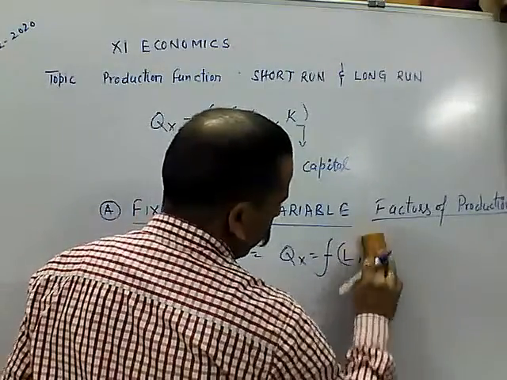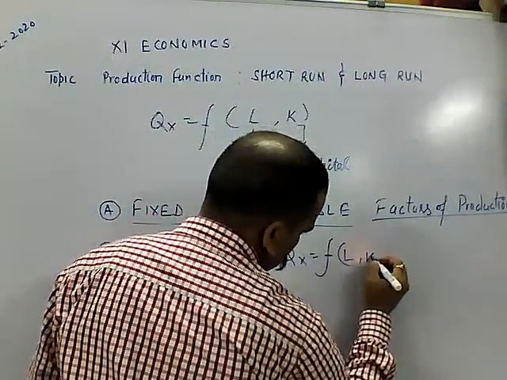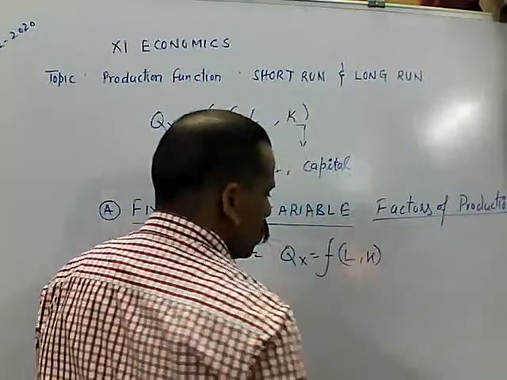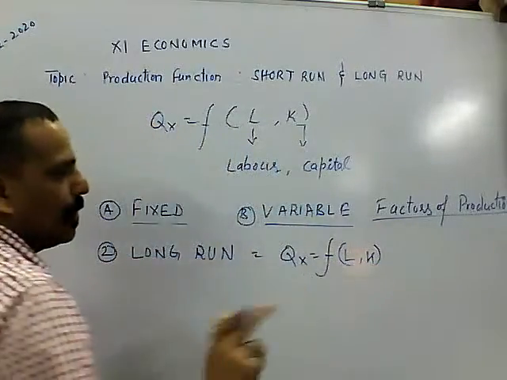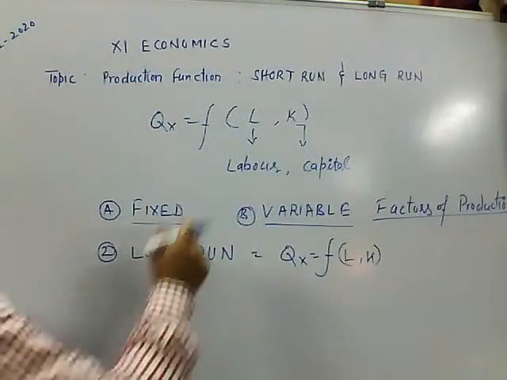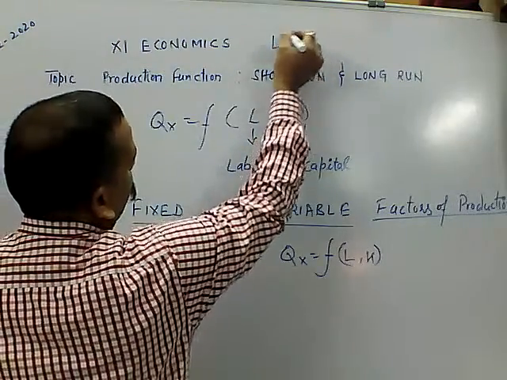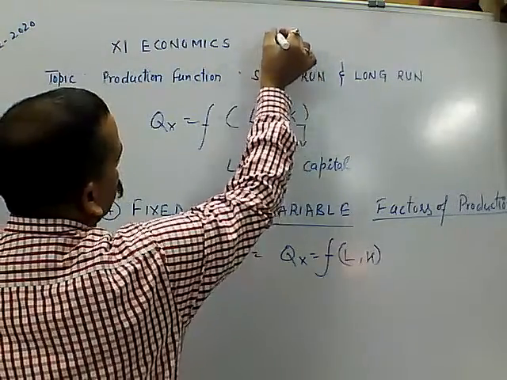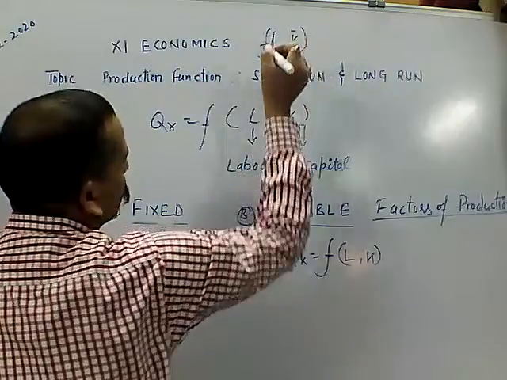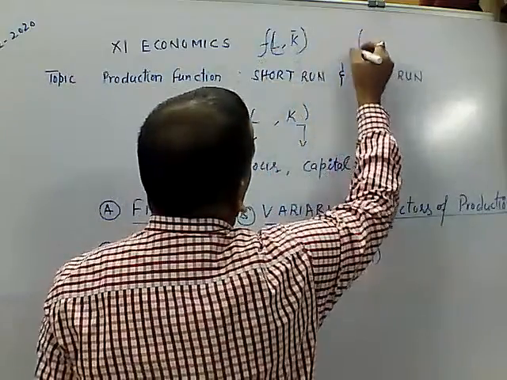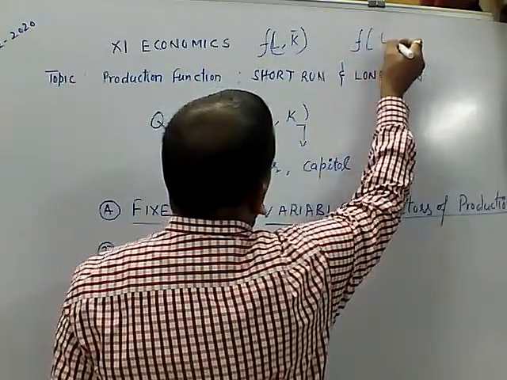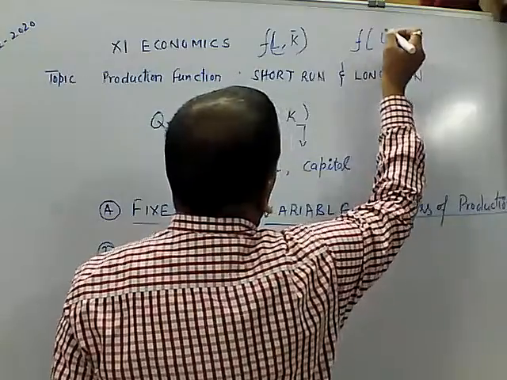Both of them are variable, which means you can also change capital. Capital does not remain fixed, whereas in the short run, it is L and K bar. So the function in the long run is X as a function of labor and capital.